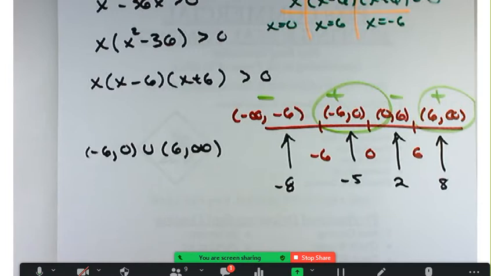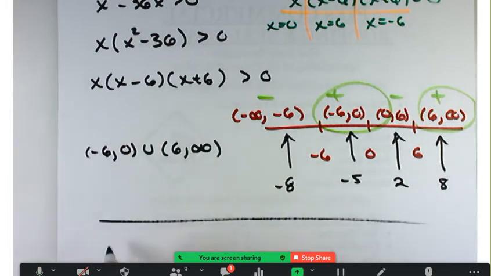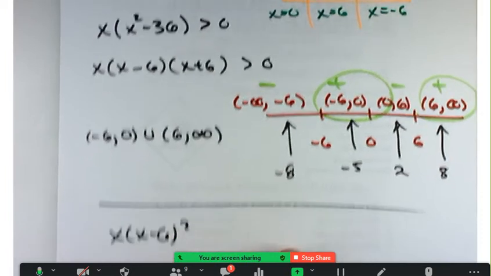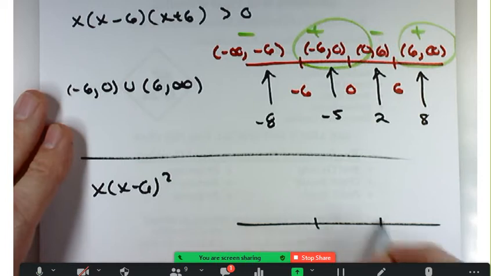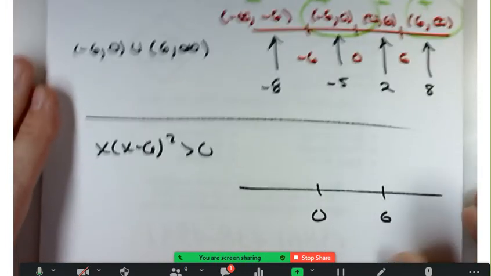So it's not always negative, positive, negative, positive. Sometimes it might be negative, positive, positive. That's going to happen if you have something like x times x minus 6 squared. In that case, you'd have zeros at 0 and 6.